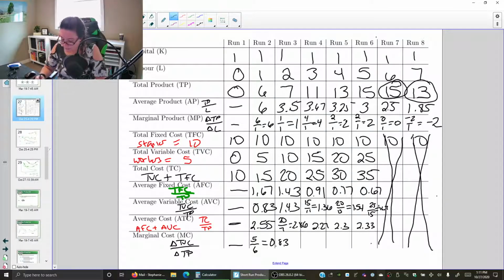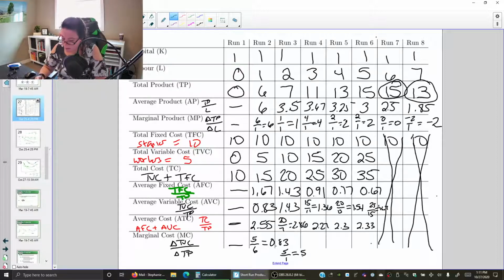When we go from having 1 worker to 2 workers, our total variable cost goes from 5 to 10. So here we have an extra cost of that 1 more worker at $5. And our total product goes up by 1 from 6 to 7. So 5 divided by 1, which is 5.